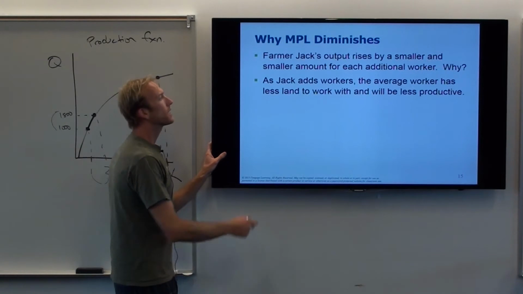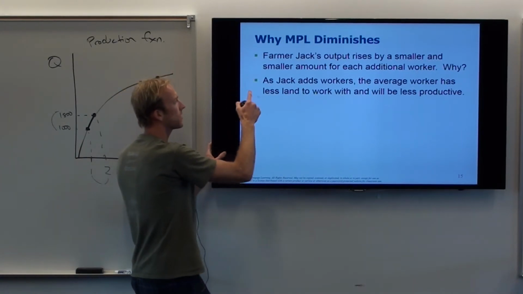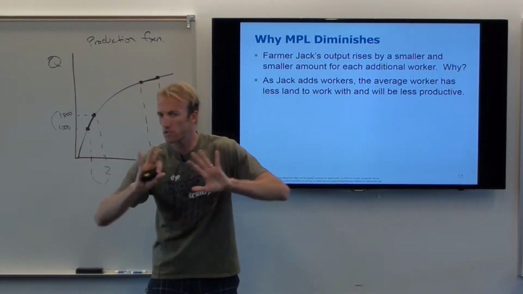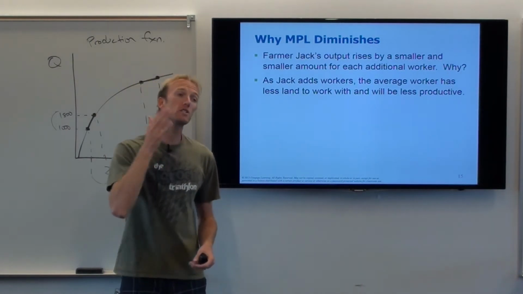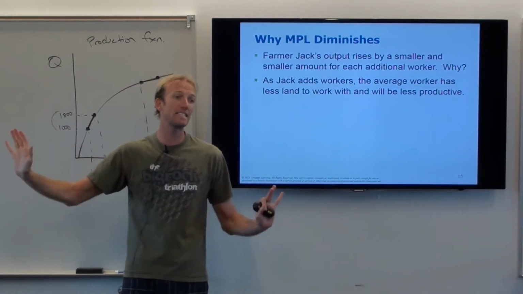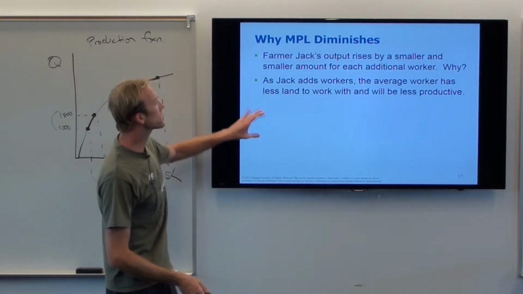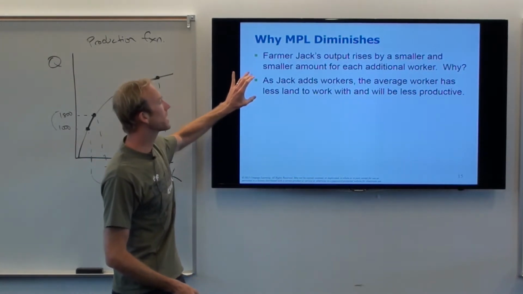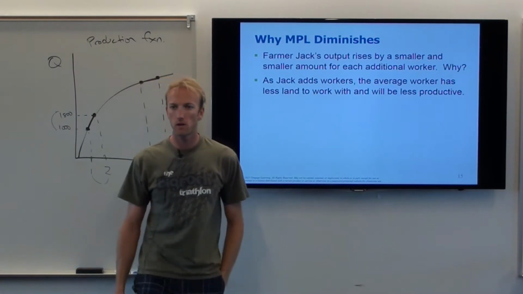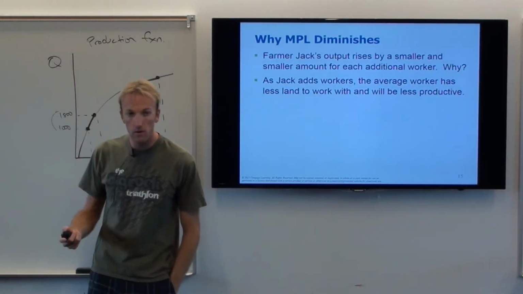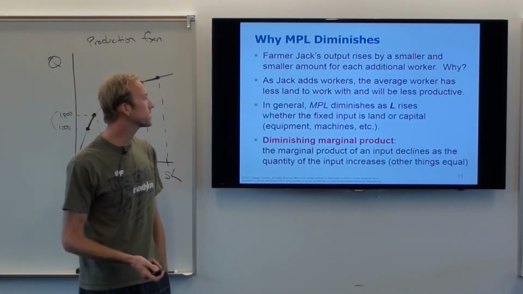Now why? Here's this. It's right here. This is the key. The workers, we're going to assume, just for the simplicity of this model, are all exactly identical. It's not that some guys are better workers than others. We're going to assume that it's this: the average worker has less land to work with, right? Each guy has less land to work with when you add them on, so they get less productive.